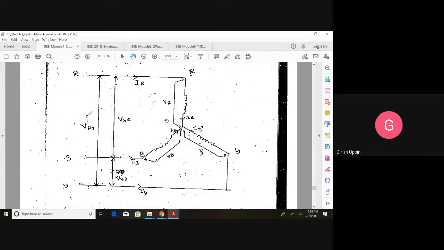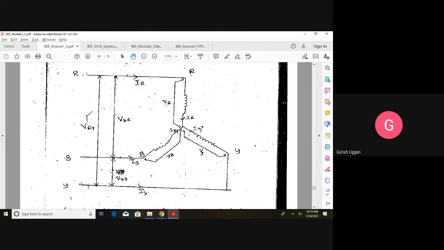If I call this the neutral N, VRY is equal to VRN plus VNY. Once again, R is this node and Y is this node, so the voltage between them is the vector sum VRN plus VNY.